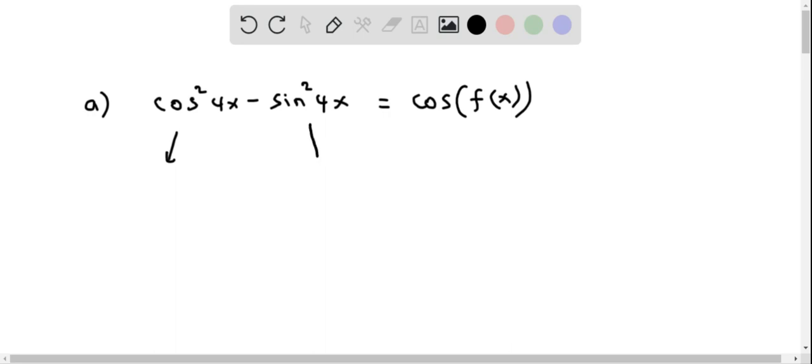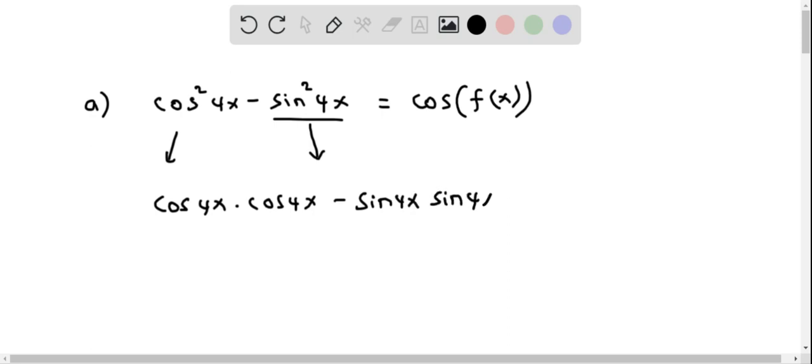I'm going to write each of these factors as multiples of the term. That is, cosine squared 4x can be written as cosine 4x times cosine 4x minus, I'm going to write sine squared 4x as sine 4x times sine 4x, and on the right side we have cosine of f of x.